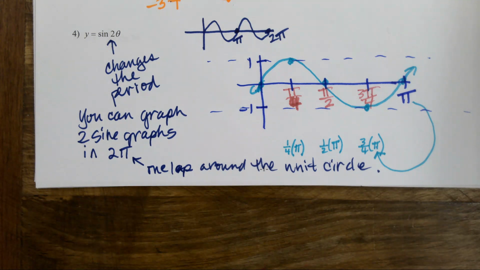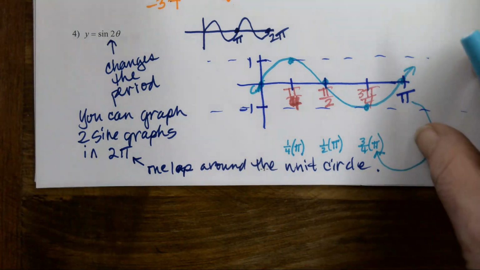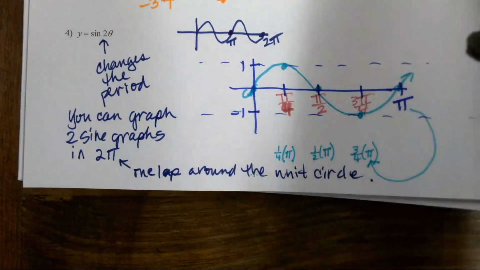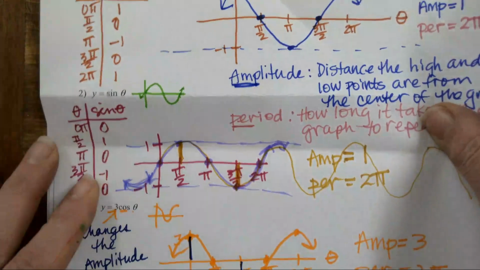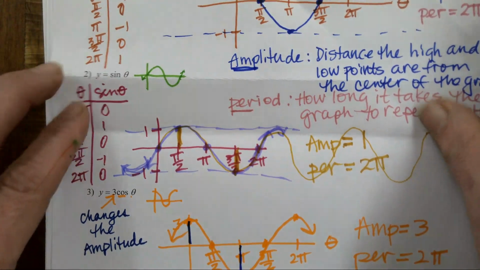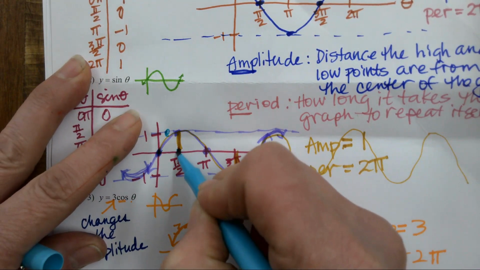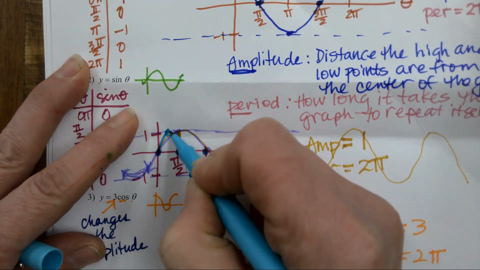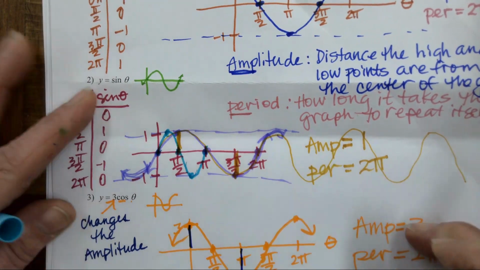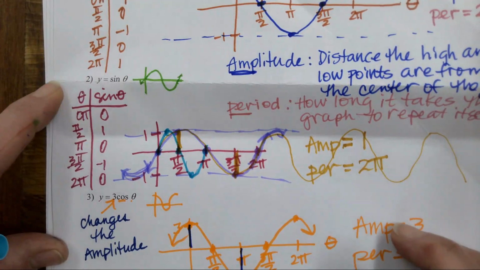If I were to graph these two together, if I go back up to my sine graph, and you don't need to do that, but if I were to graph these two together, this would look like half the graph. Can you see that on there?